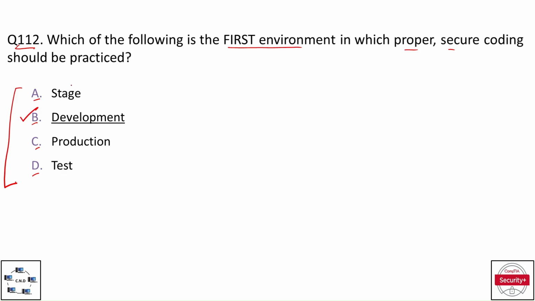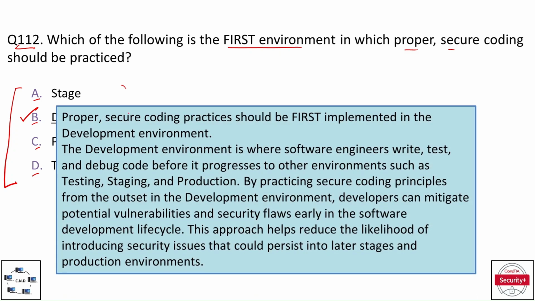We should start secure coding practice from the very beginning and the initial stage, that is development. So proper secure coding should be first implemented in the development environment. The development environment is where software engineers write, test, and debug code before it progresses to other environments such as testing, staging, and production.